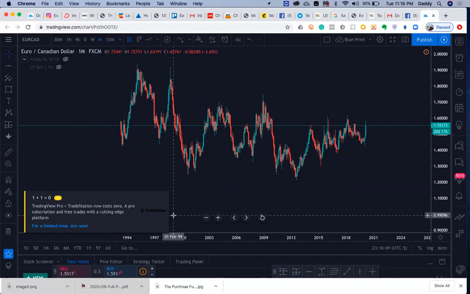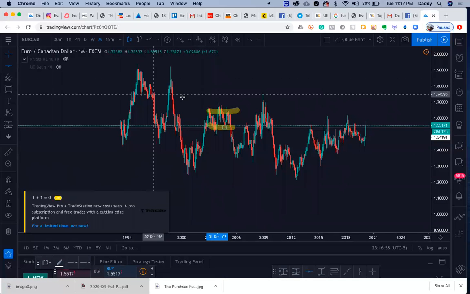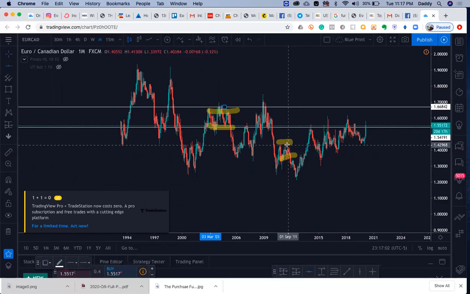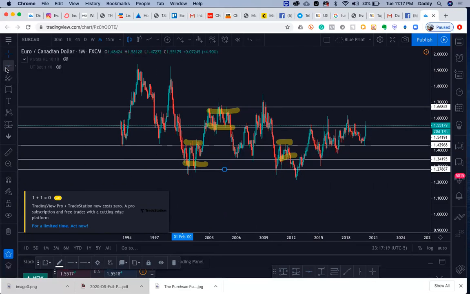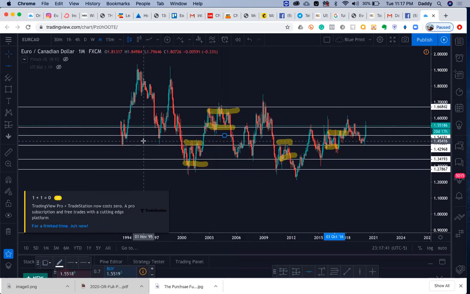Okay. Keep going. I feel like that's a retracement in between there before. Okay. Keep going.